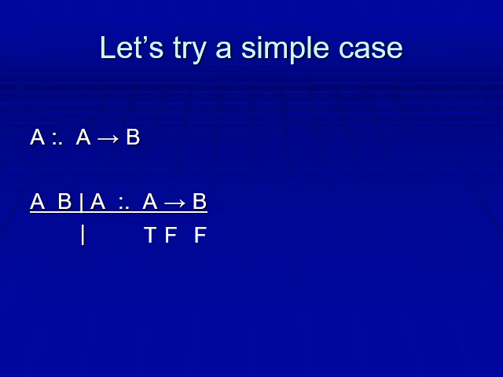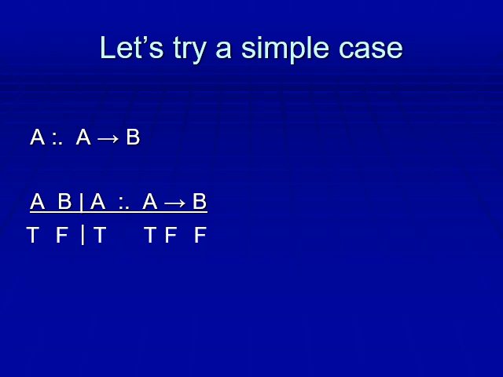Now, if that's so, then our A over here has to be true also. And we can fill in the values over here. A is true, and B is false. Notice what we've done. We've established a row of the truth table where the premise is true, A is true, but the conclusion is false.